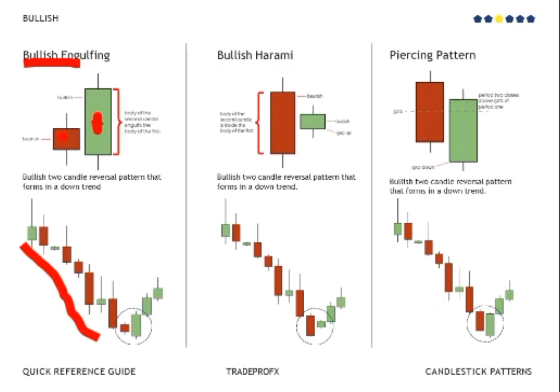I hope we are together on that point. So whenever you see such a pattern, you definitely know that the selling pressure is now weakening, and now we can take a buy.